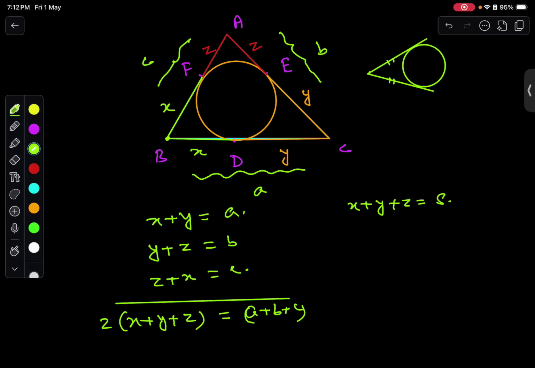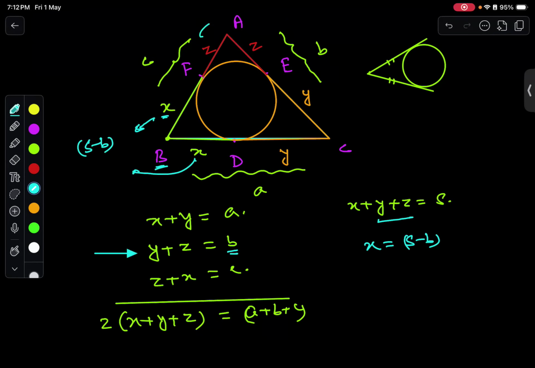So if we have to find the value of x, I'll concentrate on this. If I put the value of y plus z as b in this case, so x is coming as s minus b. So we can say this is s minus b and this is s minus b.